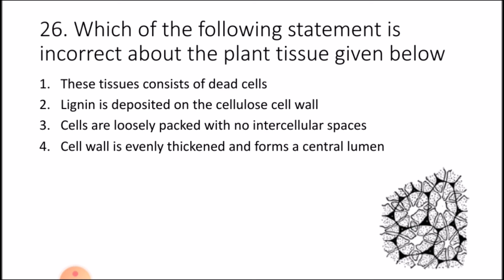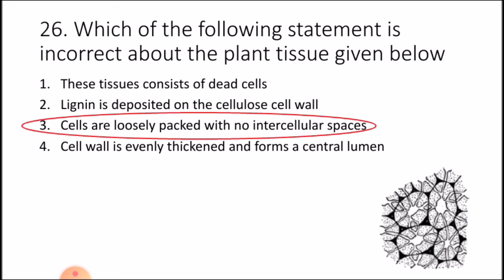So this is about sclerenchyma tissues. Even from the figure here, it shows sclerids, which are dead cells, and therefore the first one is correct. Lignin is deposited in the cell walls, and because of this deposition, these cells are tightly packed, but here it says loosely packed. Therefore the third one is the answer.